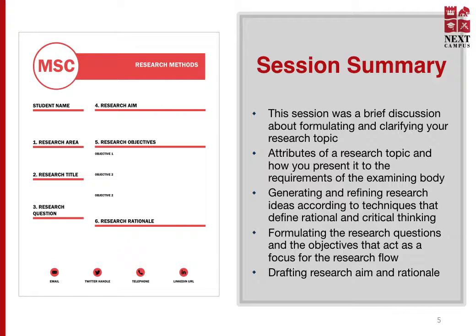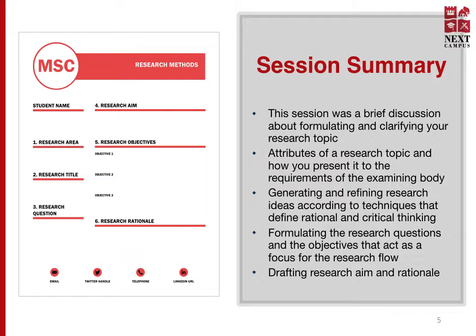So if you look at this session, session 3 was all about formulating and clarifying your research topic. So we first started by looking at what are the good attributes of a research topic and how you select a research topic.